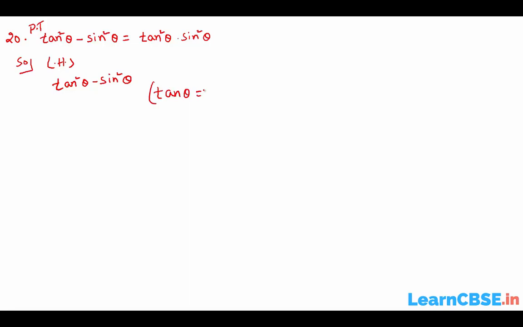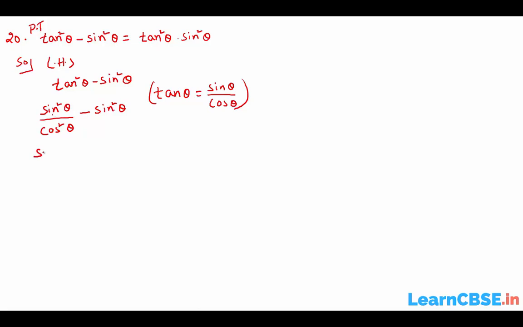tan theta equals to sin theta by cos theta. So replace this here, we'll get sin square theta by cos square theta minus sin square theta. Here in these two terms sin square theta is common.